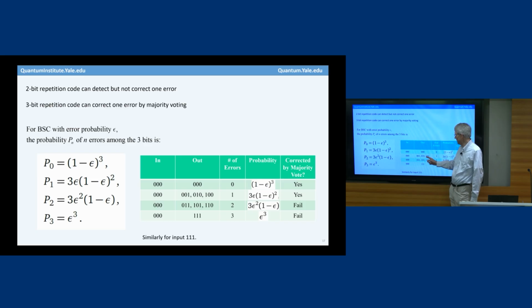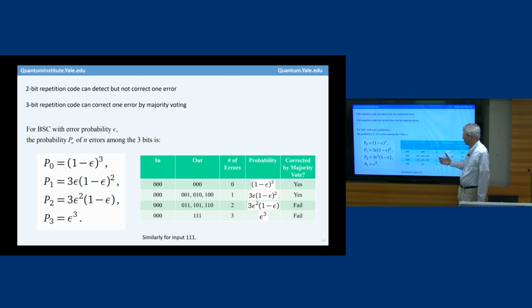Could be on this bit, or that bit. That occurs, and so each one is epsilon times 1 minus epsilon squared, because there's 1 with an error and 2 with no error. But there are 3 different ways that can happen, so there's a 3 there.